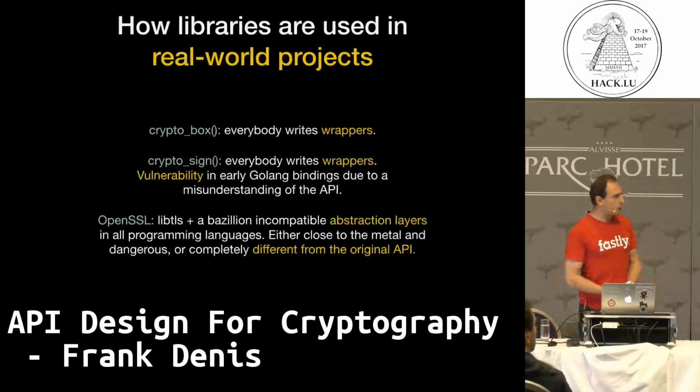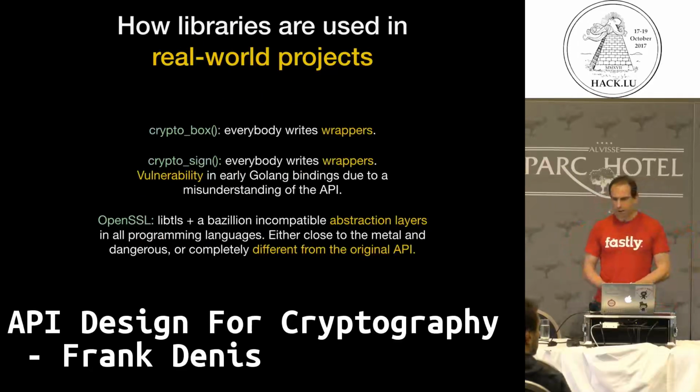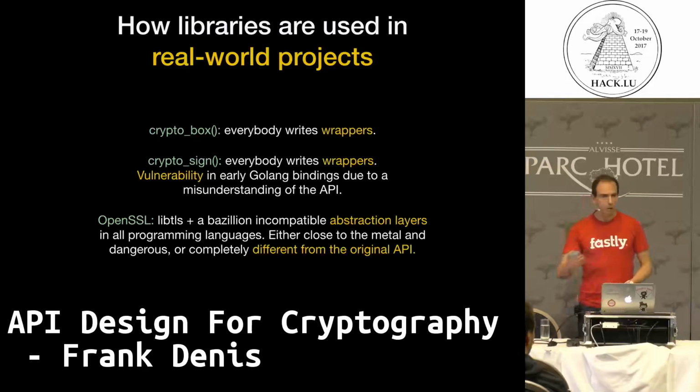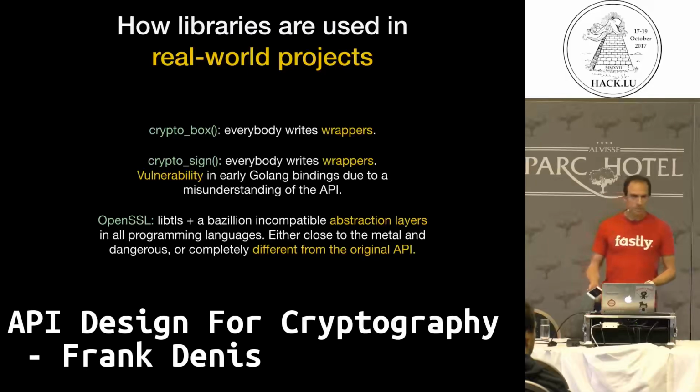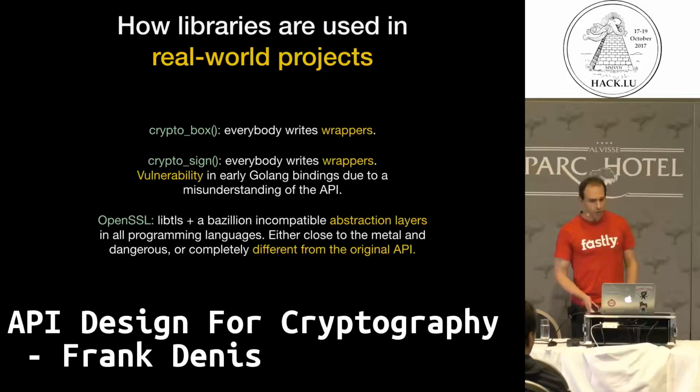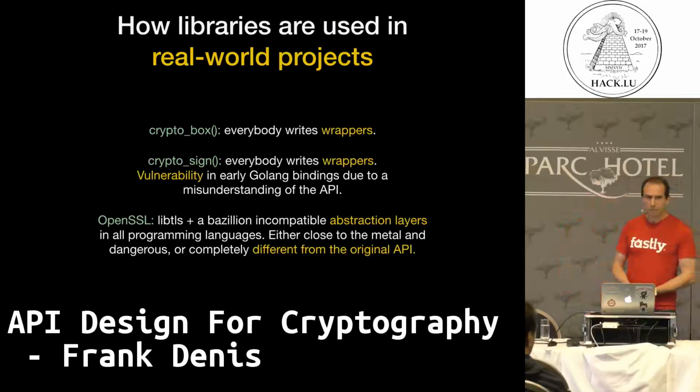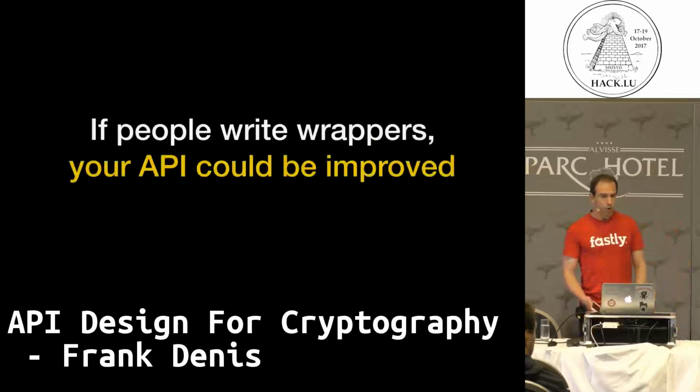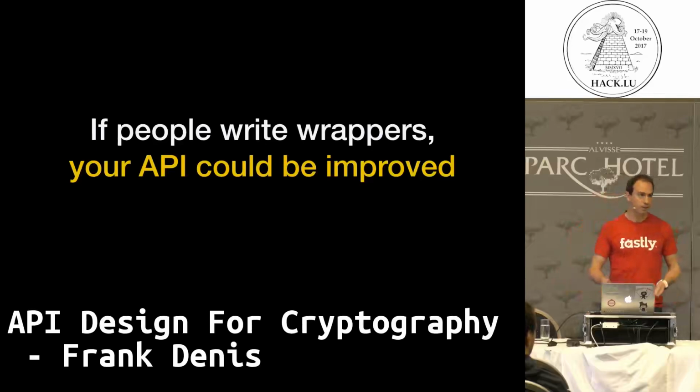So, for example, when the first version of Sodium was released, and even with NaCl, for the few projects using them, I just looked at these projects, and I saw that pretty much everyone was actually writing wrappers around key functions from these libraries, because the API was not exactly a good fit for these applications. So that's pretty interesting. And if you look at OpenSSL, pretty much every single app is writing wrappers against the OpenSSL API. So if people write wrappers, it's a very strong signal that maybe your API should be changed or improved.